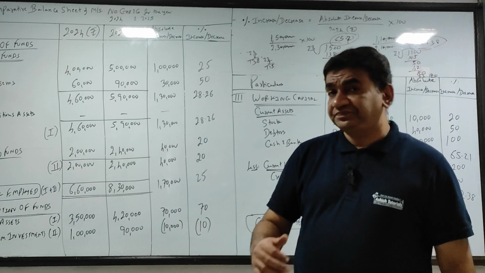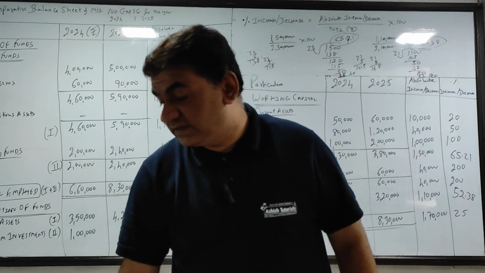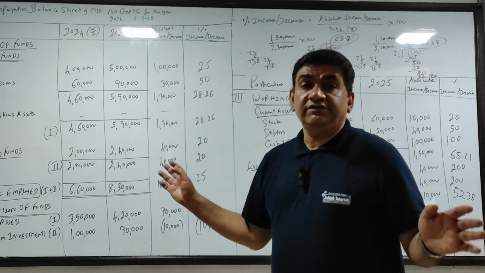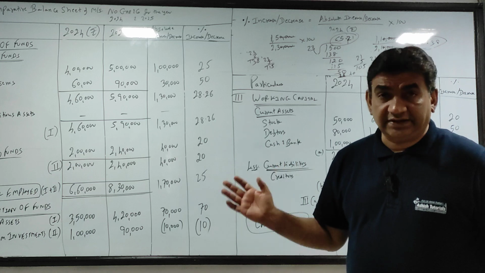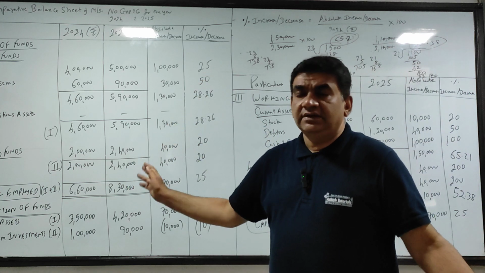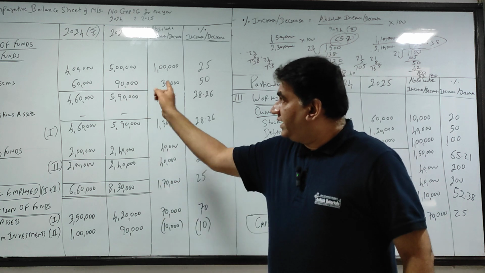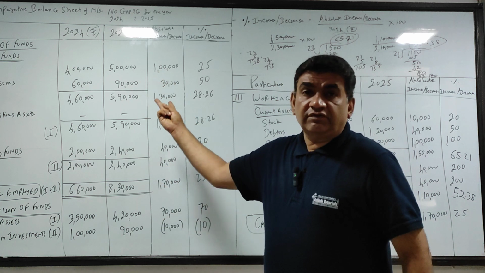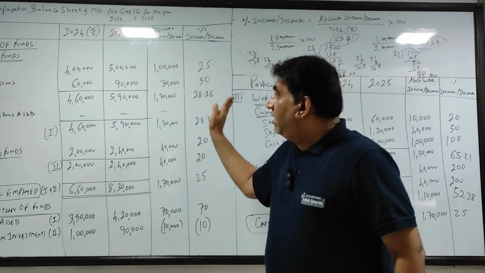So I will brush up the first part of analysis of financial statement, that is comparative balance sheets and comparative income statement, or you call it comparative statement. See what has been asked. Mostly they'll ask you only one because it is 8 marks per question. Make the format with particulars, 2 columns of amount, absolute increase decrease, percentage increase decrease.